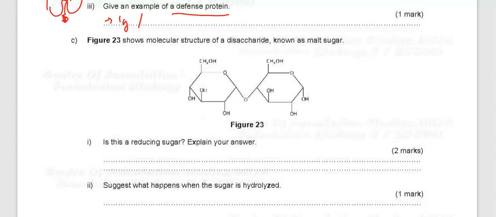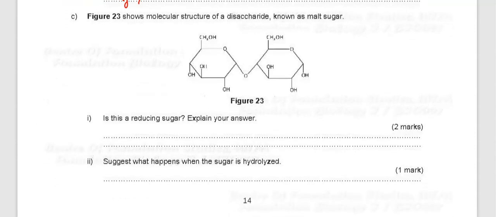Okay, see figure 23. It says here, figure 23 shows the molecular structure of a disaccharide known as malt sugar. As you can see, this is basically the structure of maltose.